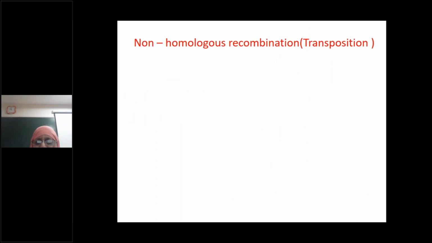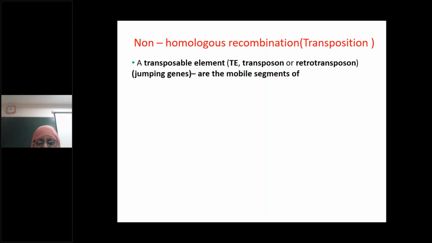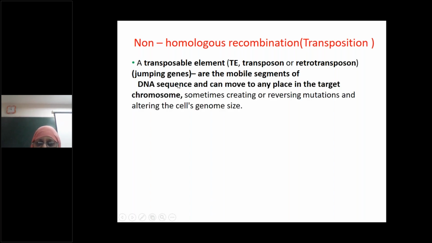Then what do you mean by non-homologous recombination, which is also known as transposition? Now transposition involves a transposable element, TE, which can also be called a transposon or retrotransposon. They are also known as jumping genes, because they are mobile segments of the DNA sequence, and they can move from any place to any place in the target chromosome.